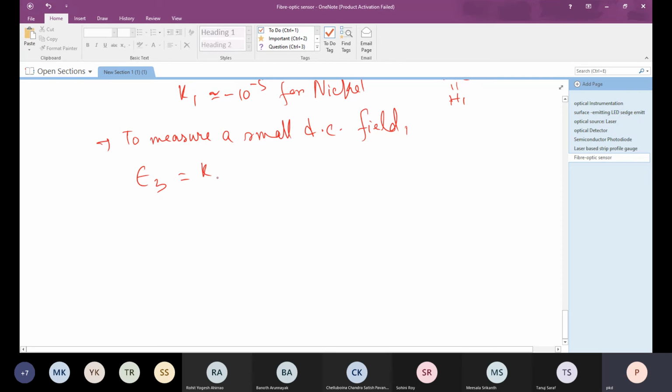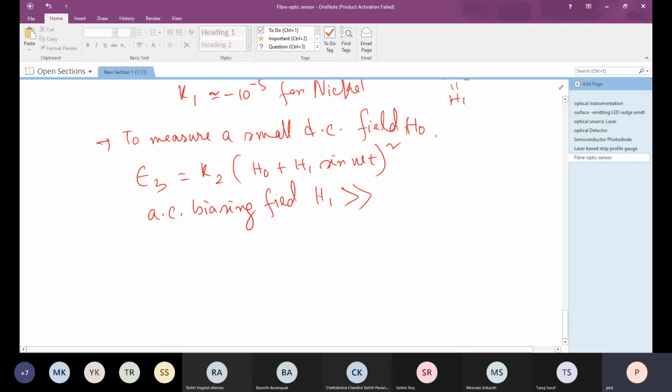Epsilon 3 is equal to K2 into (H0 plus H1 sin omega t) square. Here the biasing field would be AC. So AC biasing field H1, DC field H0, H1 much greater than H0.